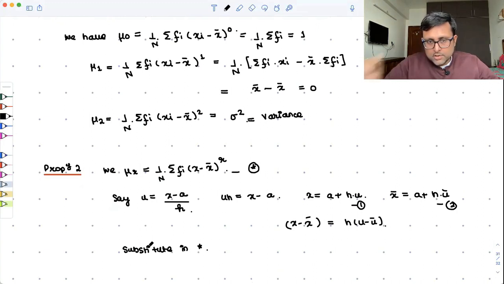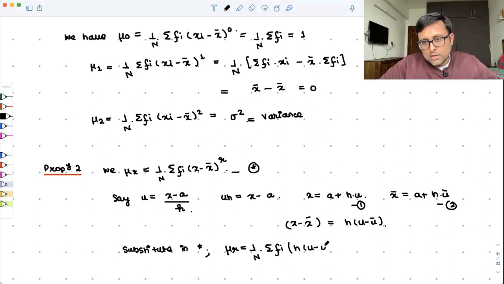Substitute in star expression, and you'll be getting mu r as 1 upon n summation of fi, in place of xi minus x bar, you can write h times u minus u bar to the power r, right?